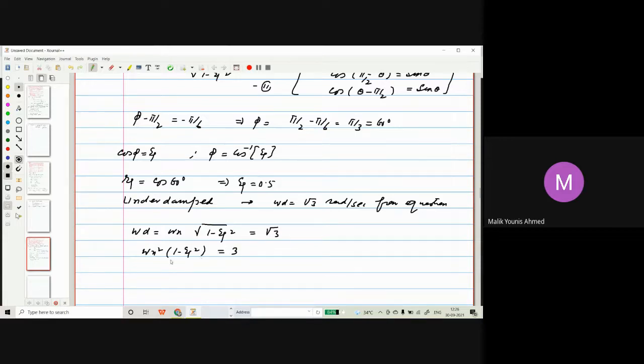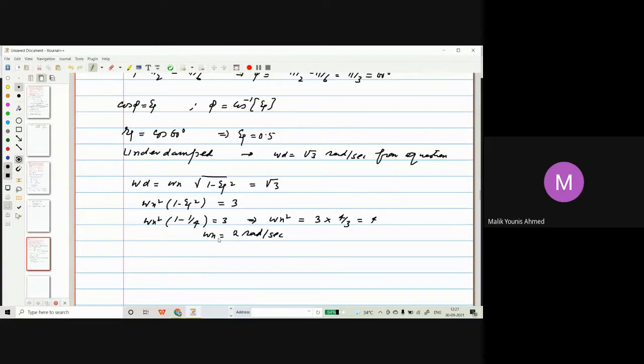With xi equal to 1 by 2, that is 1 minus 1 by 4, which is 3 by 4. So omega n square will be 3 into 4 by 3, which is 4. So omega n will be 2 radians per second.